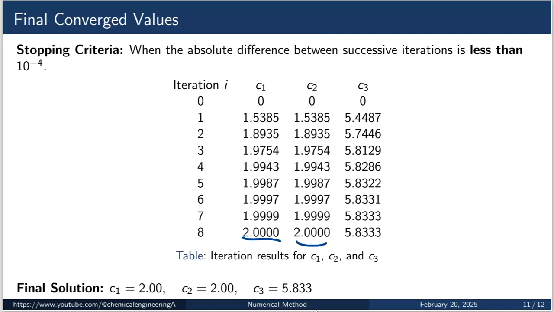So after iteration 8, the solution converges, and the relative error is 0. So the final solution is C1 is 2, C2 is 2 and C3 is 5.833.